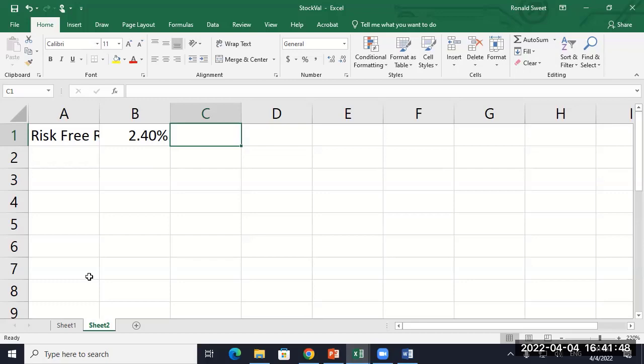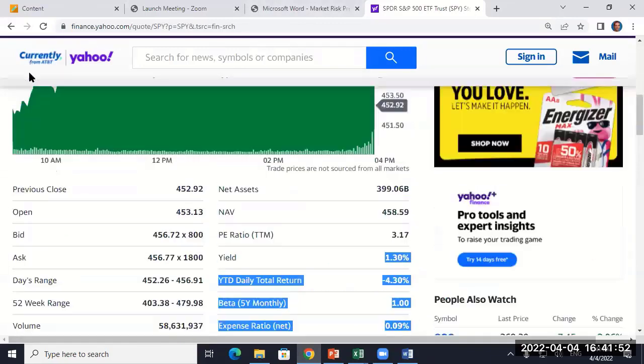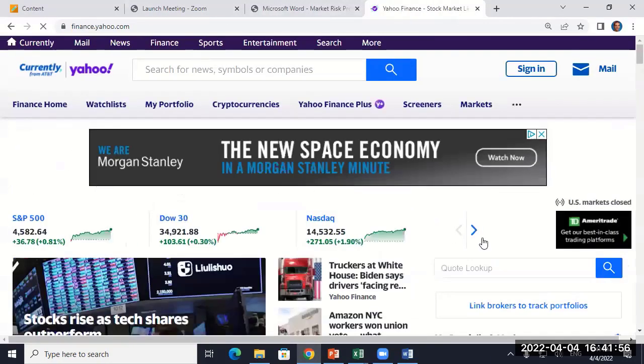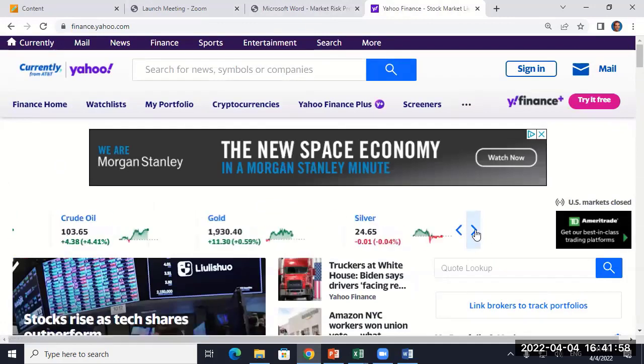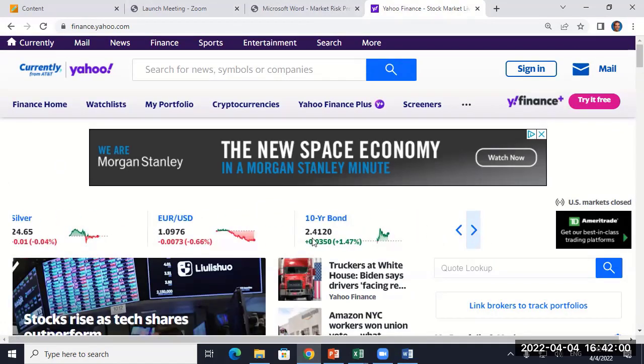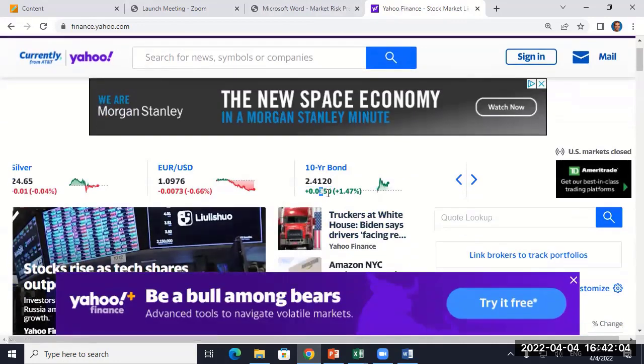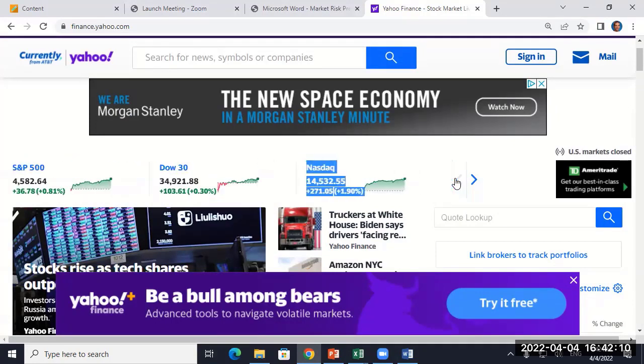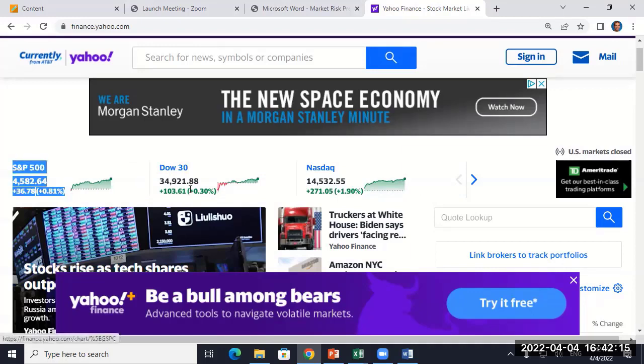I think treasuries sold off today. So we're still around 2.4. They did sell off a lot, 3.5 basis points. So it's not a great day, but not a horrible day for them. The stock market was up today pretty significantly, right?